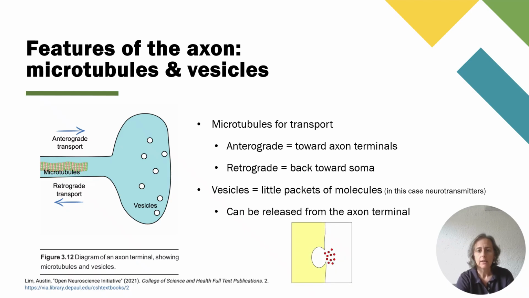So here is a little animation of a vesicle that's going to fuse with the cell membrane and release its molecules, in this case neurotransmitters, outside of the cell. So those are some additional features of the axon: the microtubules, which can do anterograde or retrograde transport, and then the vesicles.